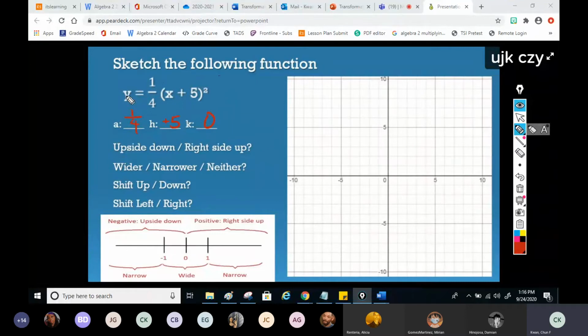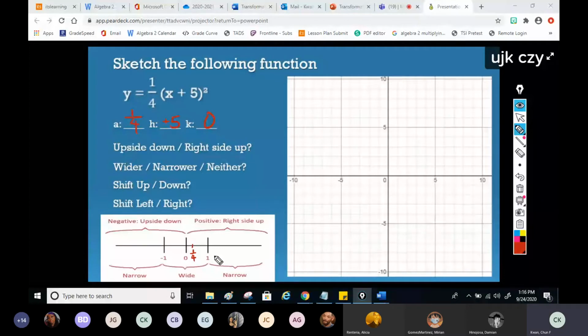All right, let's find the 1/4 on the number line. So on this number line, 1/4 is somewhere right here. This is +1/4. And it tells me two things.